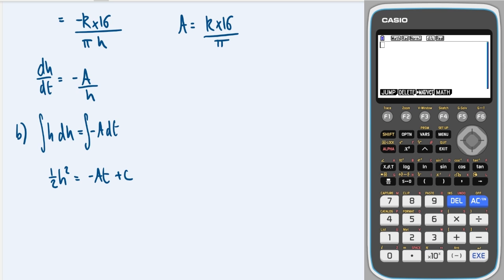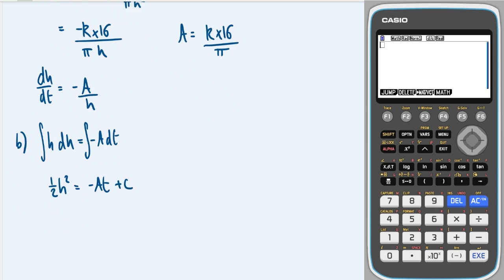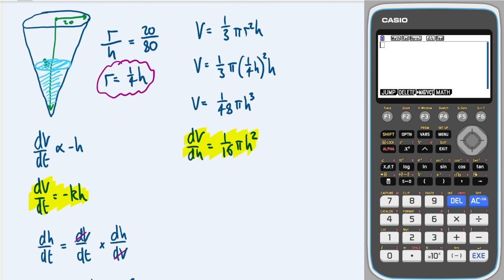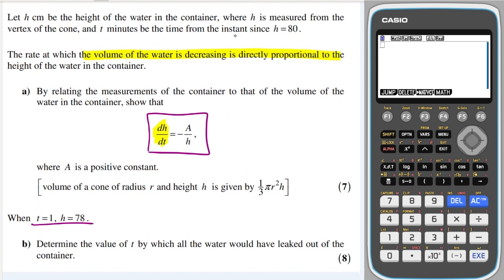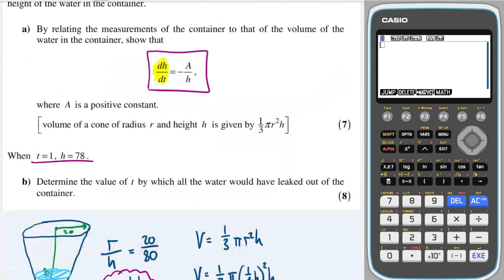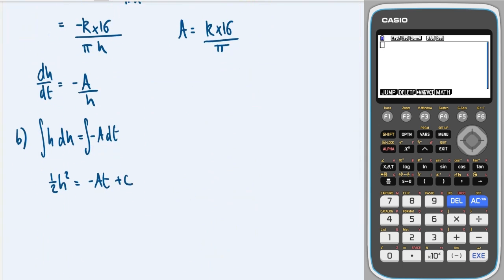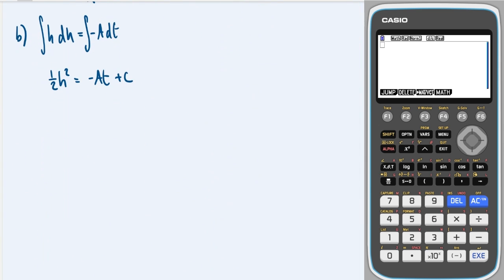So we're going to need two conditions, like I said. We've been given one here, and the other one is that we start with a height of 80. So let's go with t equals 0, h equals 80 first. So that's going to give me 3,200 is equal to c.